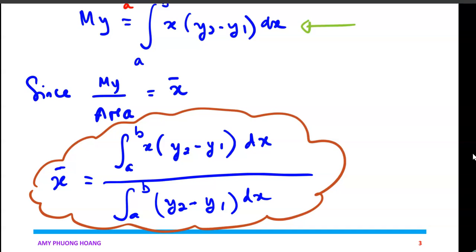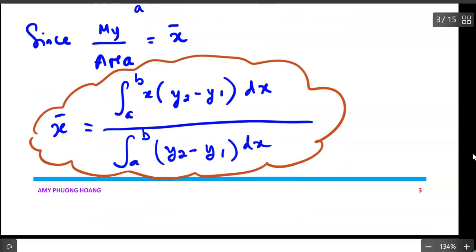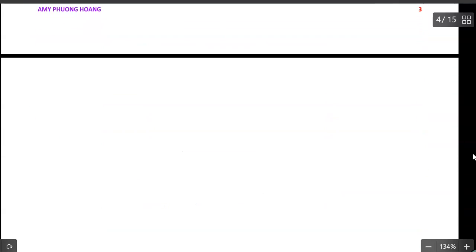I'm a bit ahead of myself. Now I'm going to talk about y bar. Y bar is a lot easier if I use these formulas, which I will not derive for everyone because it's actually quite complicated.